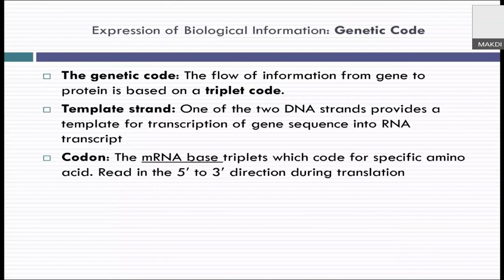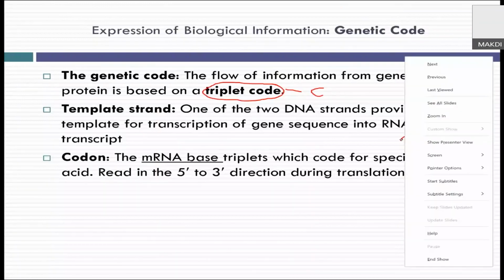Okay, before we discuss about transcription and translation, you need to understand the genetic code. Genetic code is based on triplet code. Triplet code. Dan benda ni nanti dia akan jadi codon. Kita panggil dia codon.